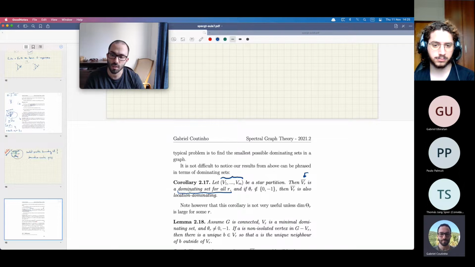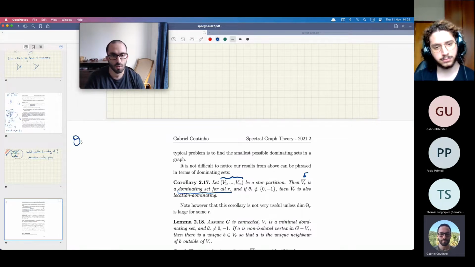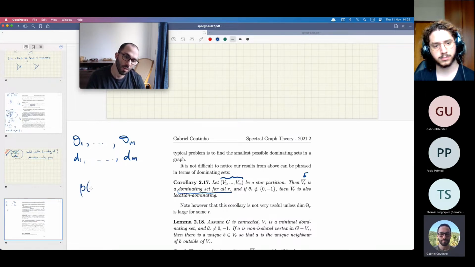So this is basically saying that if you list the eigenspaces of the graph and you write their dimensions, so this has dimension d_1, this has dimension d_m, then the smallest possible dominating set is smaller or equal than n minus d_r for all r.